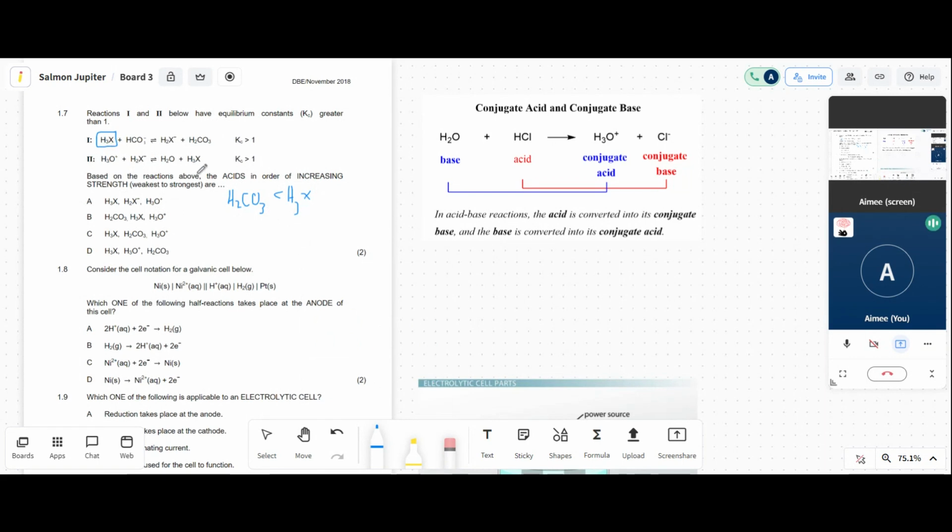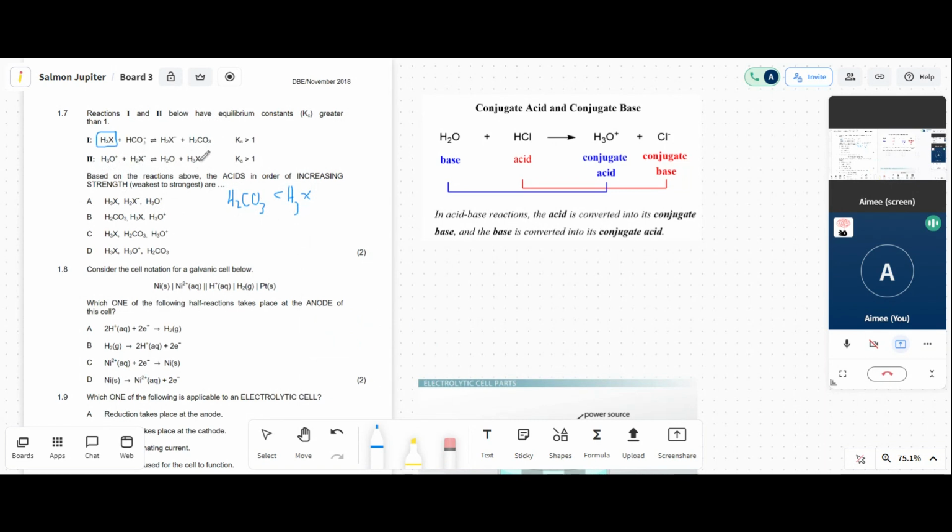reacting in the same reaction. We can see in this scenario that H3O positive is acting as the acid because it has donated an H positive, or a proton, to H2X negative to give H3X, which means that in this reaction, H2X negative is the base.